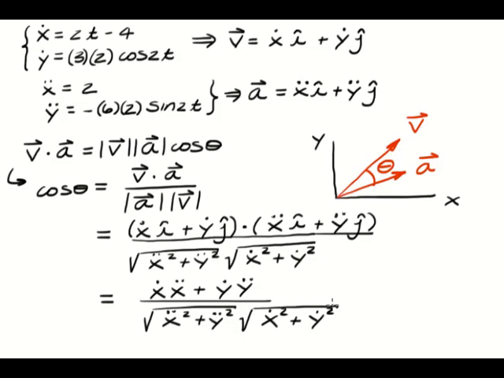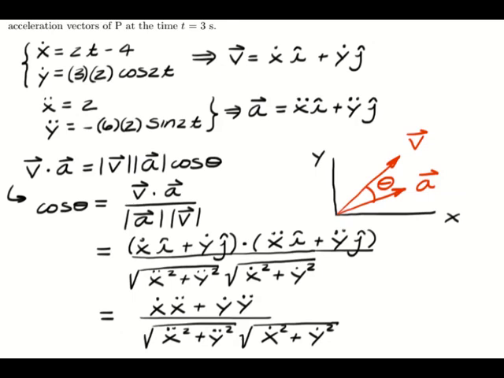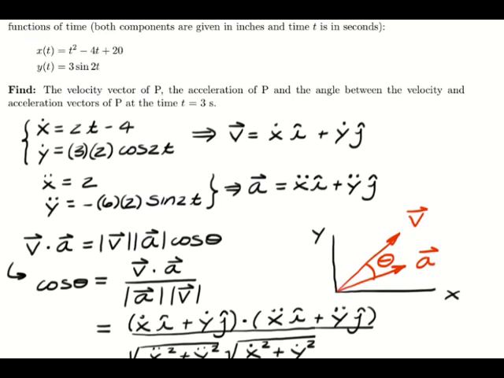So if we go back over what we have here, we have a problem where the x and y components are explicitly given to us in terms of time, so that makes the Cartesian expression for v and a very nice, just taking time derivatives of x and y. That gives us the components for v and a. And lastly, the angle between these two vectors, there's a number of ways that you could do it.